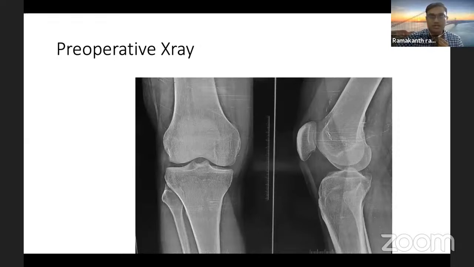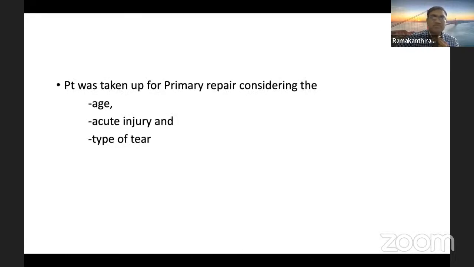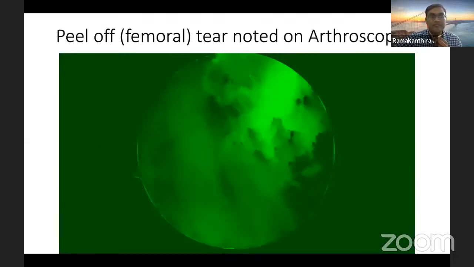So this is a normal X-ray of this patient, and here we can see the MRI sagittal section. There is an ACL tear from the proximal attachment at the femoral end, where most of the other distal fibers were intact and wavy. So the patient was taken up for primary ACL repair, considering his age, the acute nature of injury, and the type of tear, that is a femoral side tear.